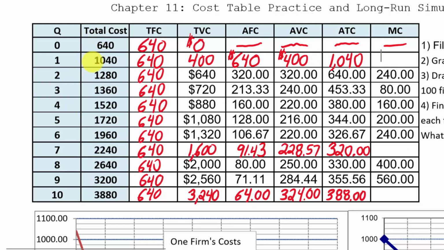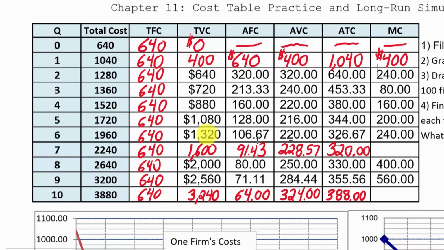It's a change in the total cost. Or we could look at the change in the variable cost, because they're always going to be changing by the same amount. So $400 is the marginal cost of the first unit. When we produce it, it costs us $400 more. That's how much it costs to produce the first unit.